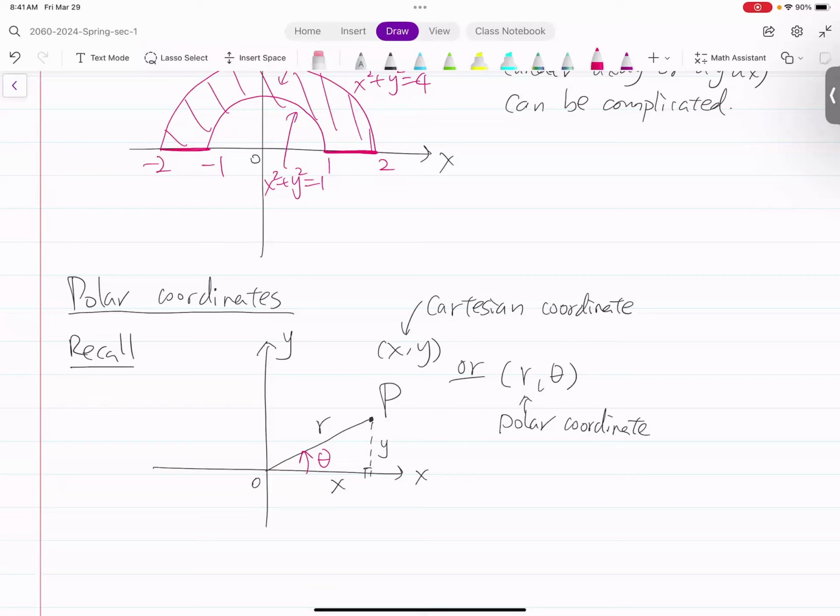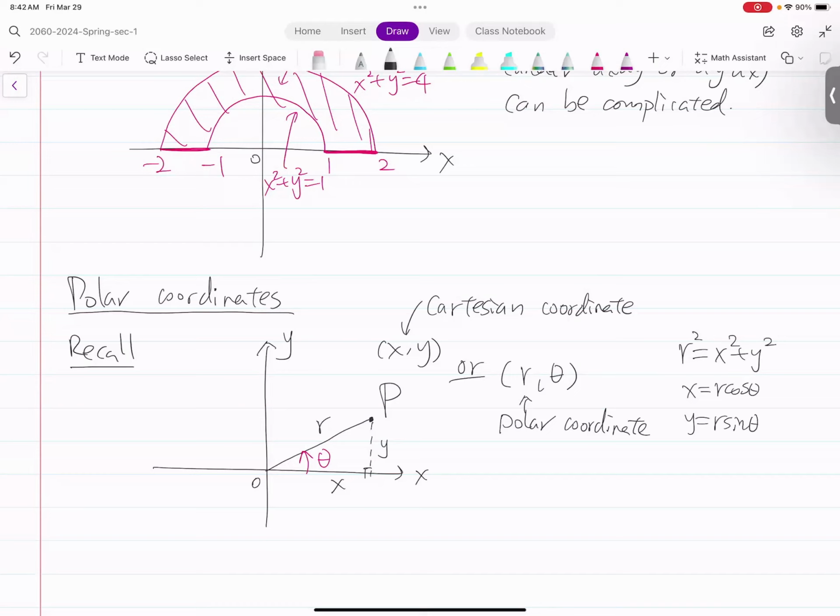So here we can establish a few quantities: r squared equals x squared plus y squared. That's the Pythagorean theorem, the way you calculate the distance r. And then you also know that x equals r cosine theta, y equals r sine theta.